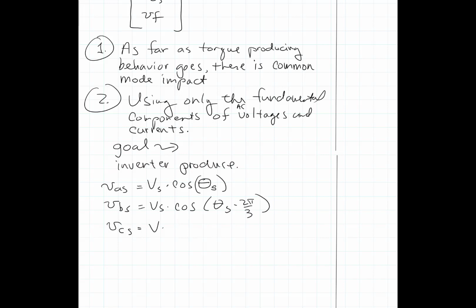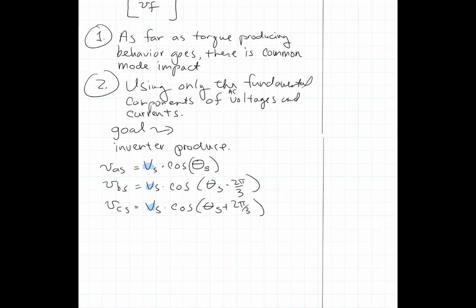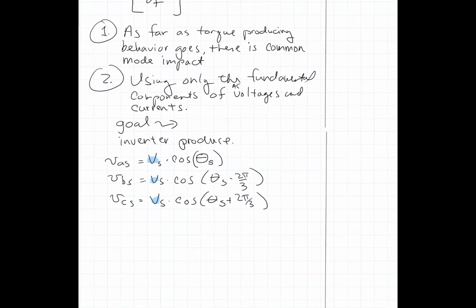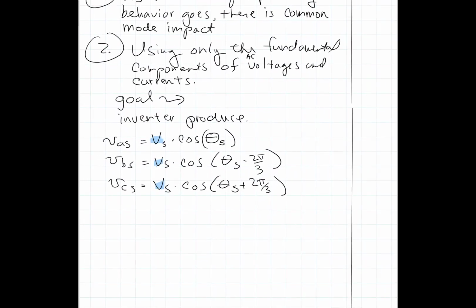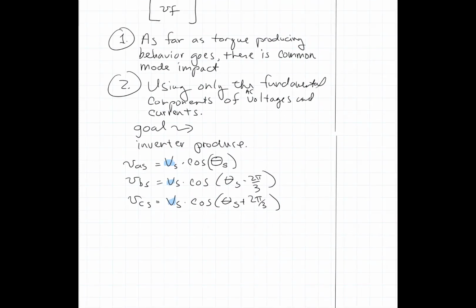VCS is VS cosine of theta S plus 2 pi thirds. So one of the key things that I can control to control the armature behavior is this one amplitude, VS. And if I can make my controls and the way I look at the motor correlate to that in a simpler way, it's going to help a lot.